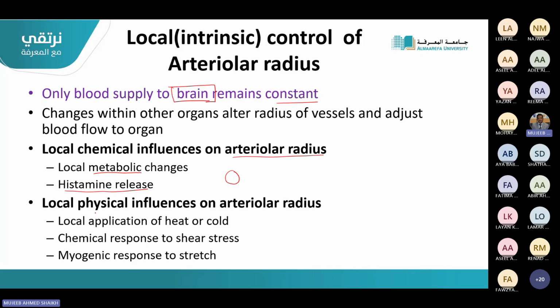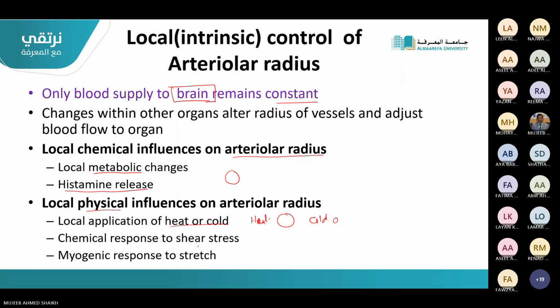Local physical influences are also there. Those were the chemical ones. Now, physical influences are like application of heat or cold. Heat will vasodilate, whereas ice or a cold pack will cause vasoconstriction.